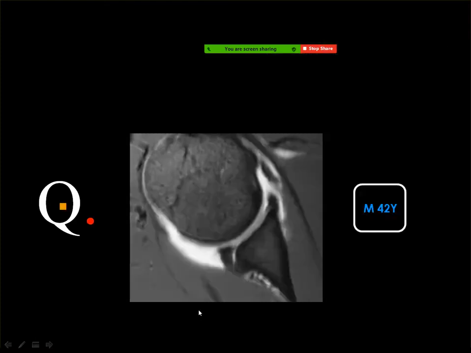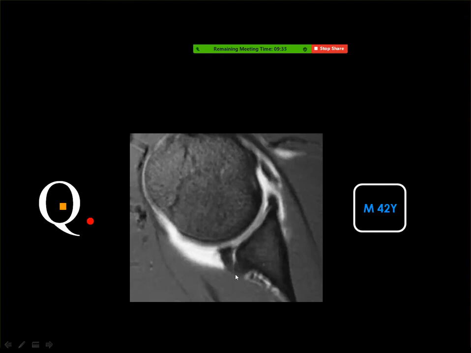And this is an MRI axial image of the shoulder. Reverse Bankart. Yes, very good. And this is a torn posterior labrum, and you see that the anterior labrum is intact. And this is the middle glenohumeral ligament, and this is the subscapularis tendon. And here you have rupture of the posterior labrum.